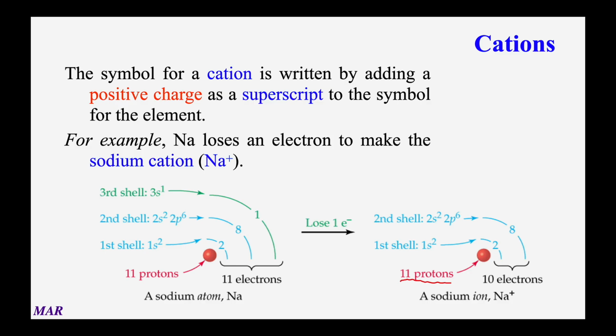Remember, if you change the number of protons, you change the nature of the atom itself. However, with only 10 electrons, now you have 11 positive 1 protons and 10 negative 1 electrons. Sodium, as an ion, likes to be positive 1. It likes to have, we're going to see, just one less electron.